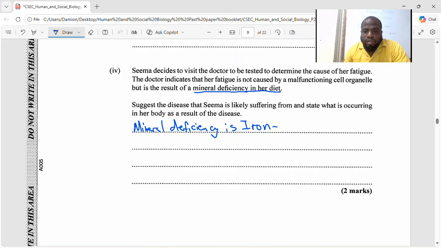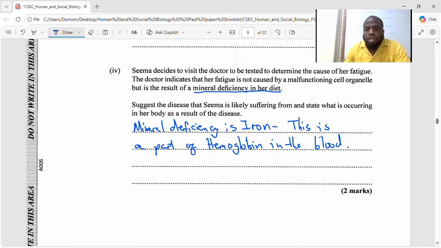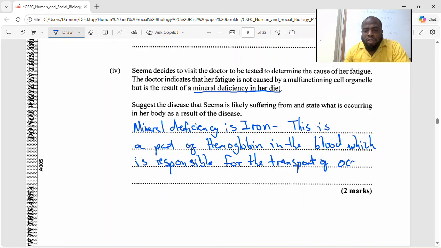Now iron, this is a part, or it helps to form hemoglobin in the blood. Now hemoglobin, which is responsible for the transport of oxygen.